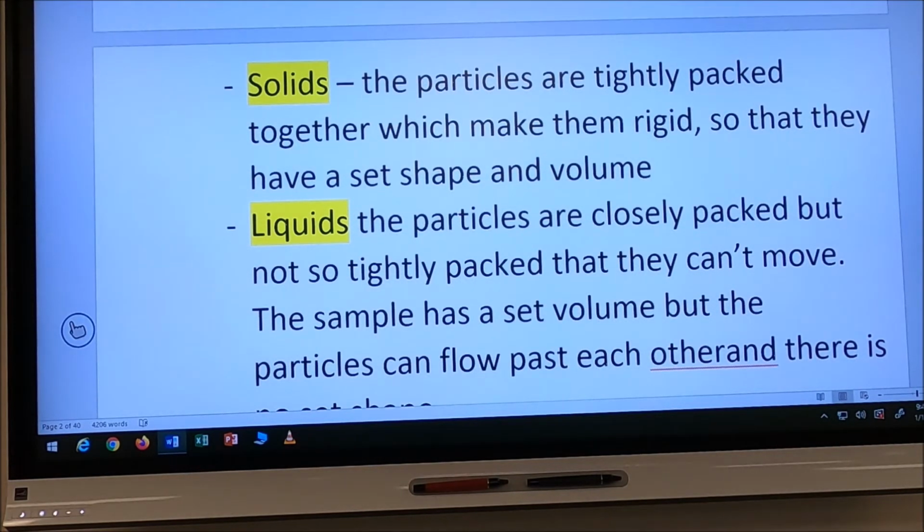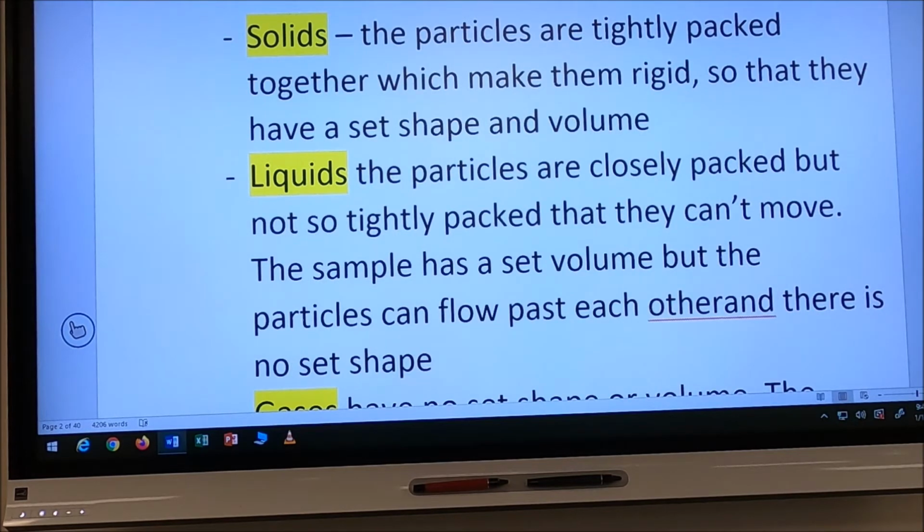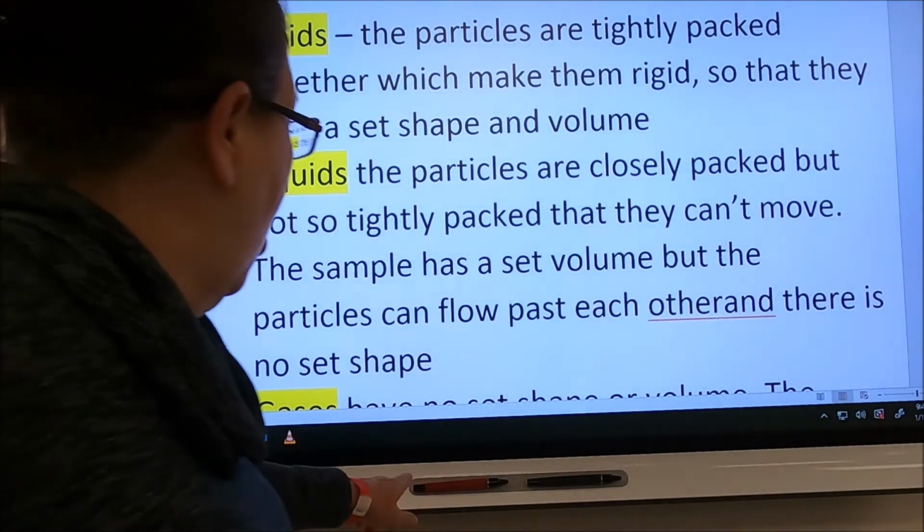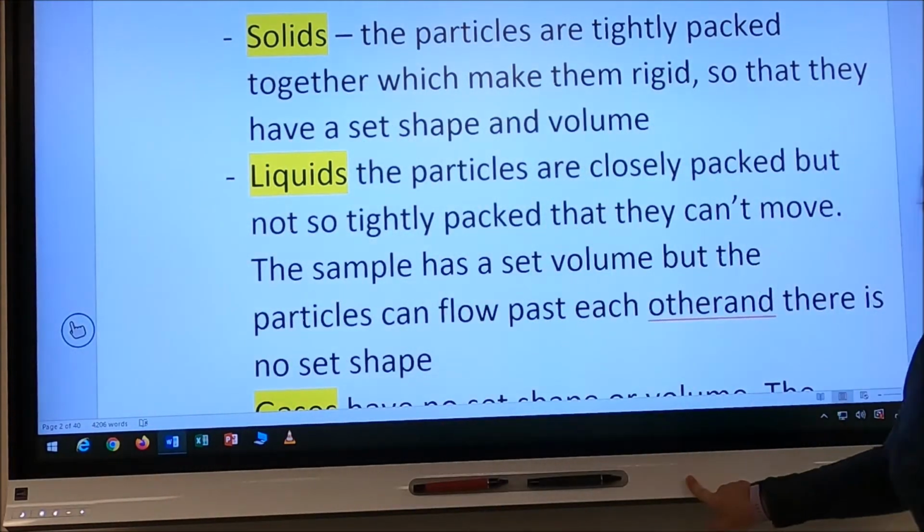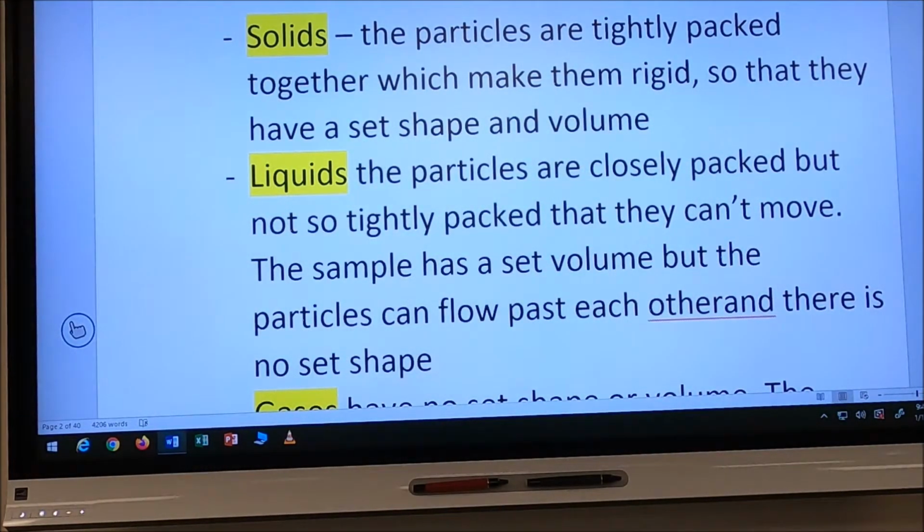Liquids are still closely packed, but they're not so tightly packed that they can't move relative one to another. You can think about particles in a liquid as slipping and sliding past each other. They want to touch each other as they're moving along, whee, but they're going to move.